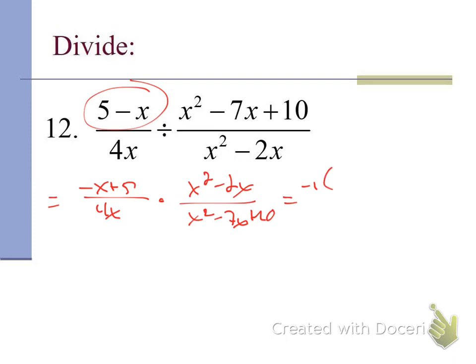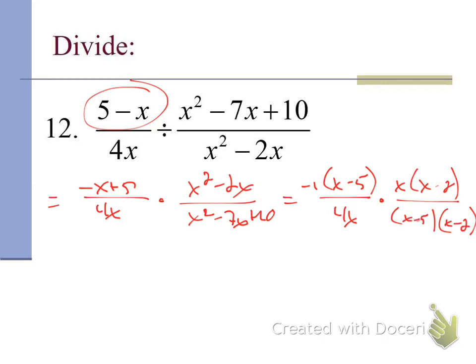GCF of a negative 1 in that first numerator, GCF of that second one, and we get x minus 5 and x minus 2.